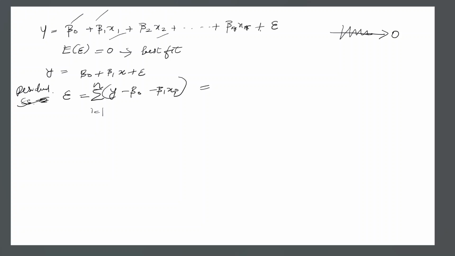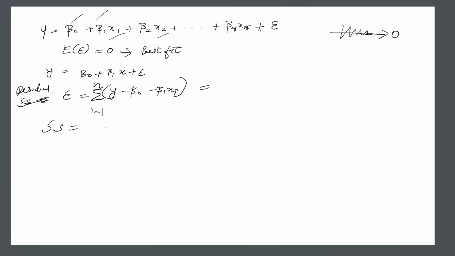But the problem is the sign, because the residuals sum tends to zero, so we cannot get a meaningful output from this. Hence we are squaring it. That results in the sum of squares, because we are squaring each residual and summing up the squared terms.